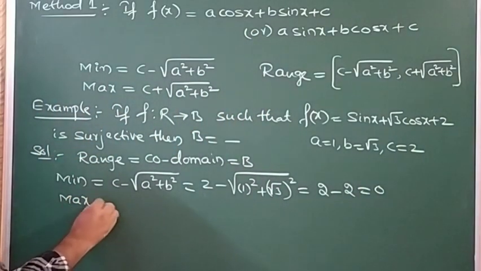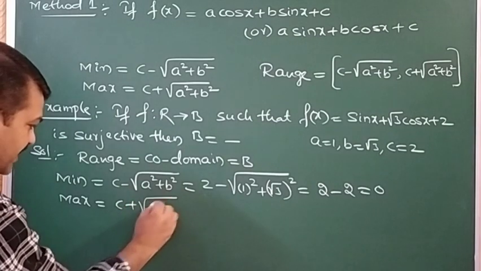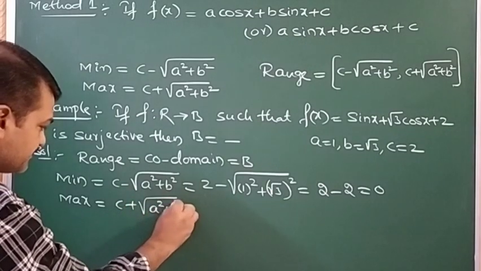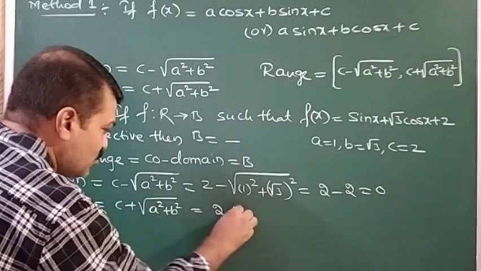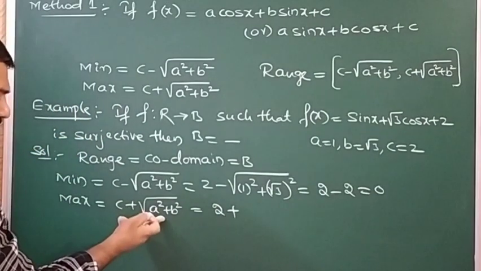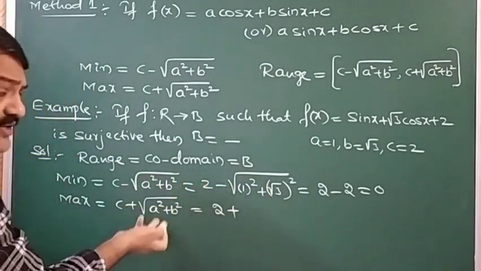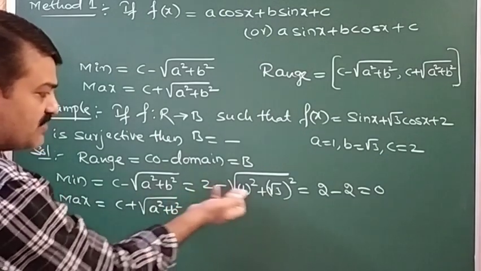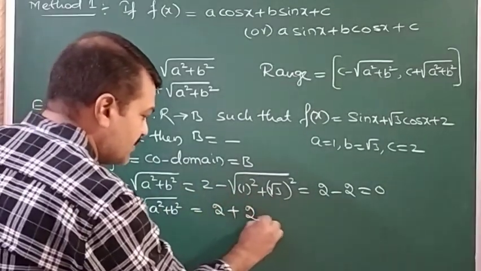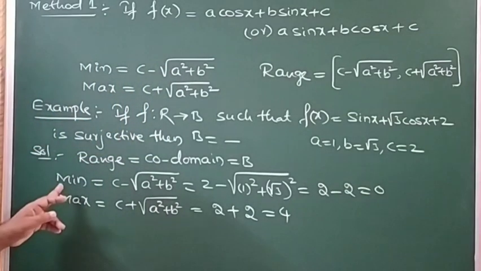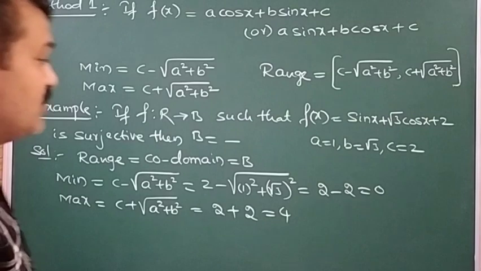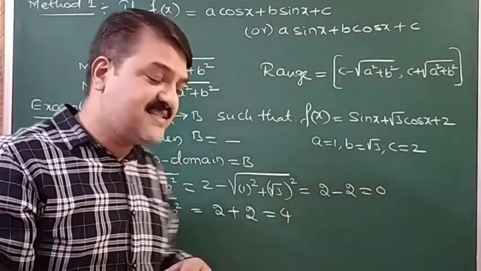Maximum is c plus root over a square plus b square. That means 2 plus root over a square plus b square, and we already got that value here, which is 2. So this is the maximum and minimum value of the function. When you know the minimum and maximum, you can write the interval in which the function lies.